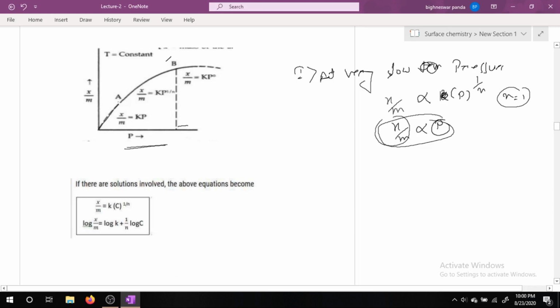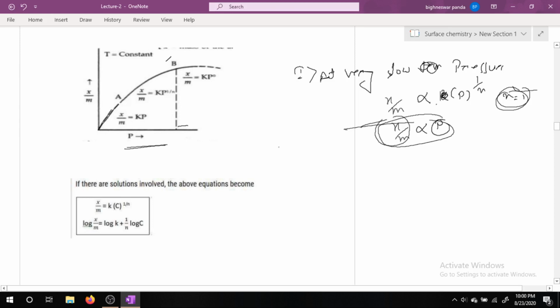So at very low pressure x by m is directly proportional to p to the power 1 by n. For low pressure n equal to 1. If n is equal to 1, then the graph looks like this. So x by m is equal to kp.